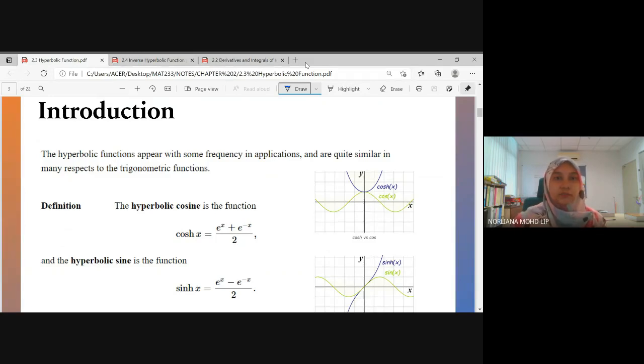Okay, based on definition. Definition 1, the number 1 is the hyperbolic cosine. Hyperbolic function is the function which consists of exponential function. For example, number 1 is the hyperbolic cos.